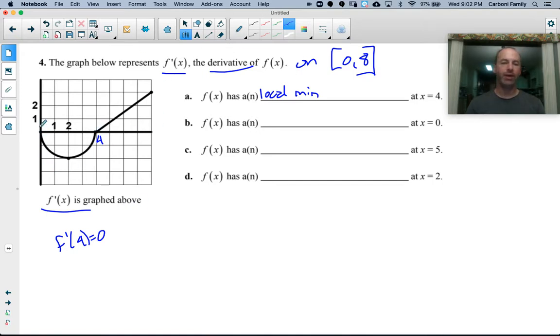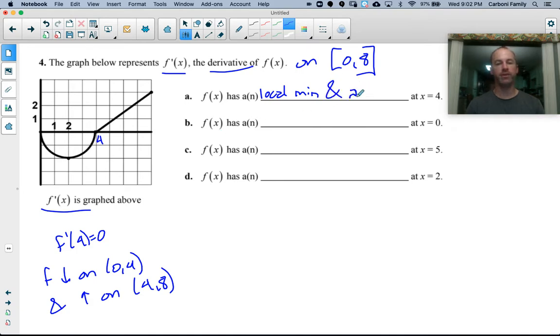That means that while I don't know where this function is, I do know this function is decreasing on the interval 0 to 4 and increases on the interval 4 to 8, which means that that minimum is the lowest point on the function on this interval. And so this is also an absolute minimum.